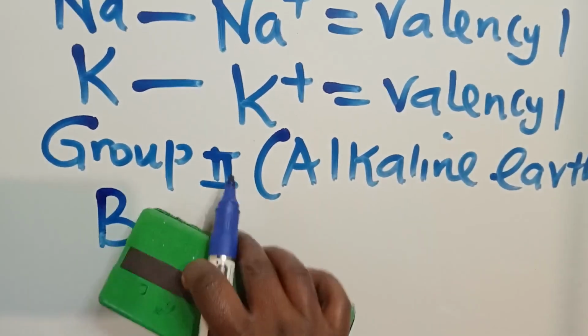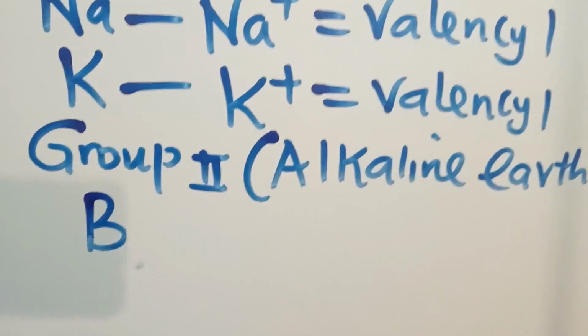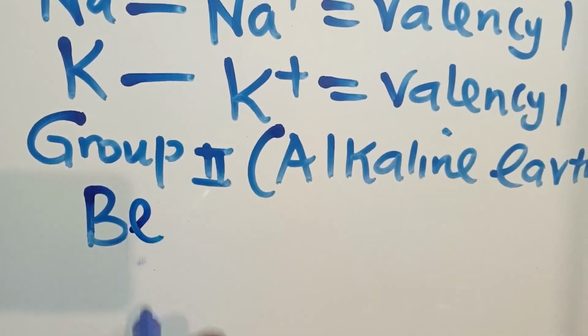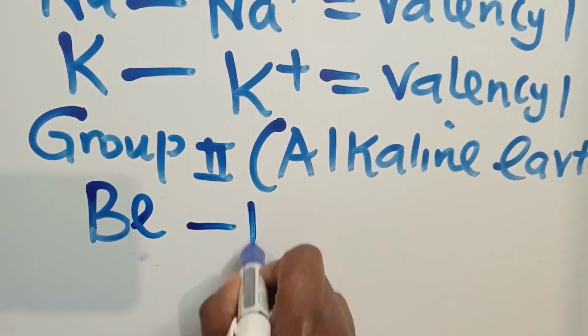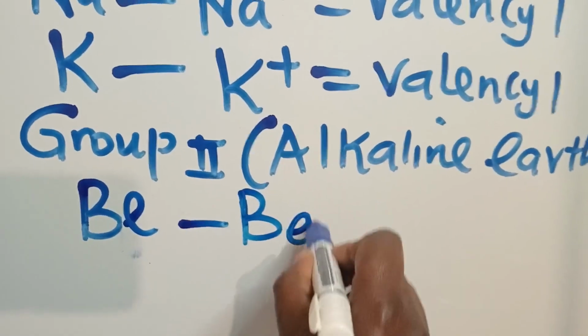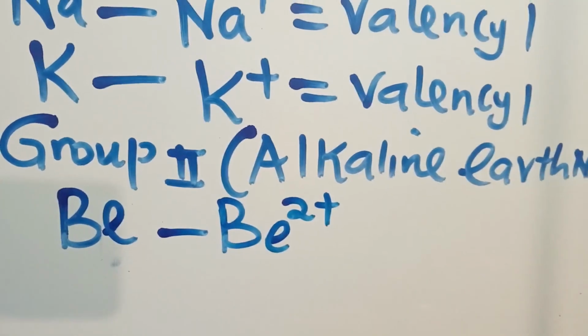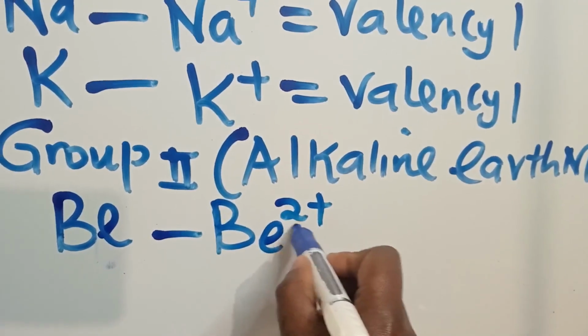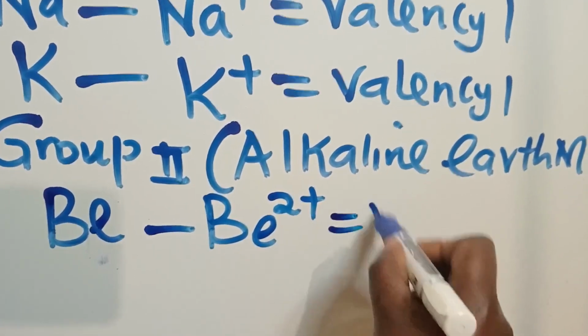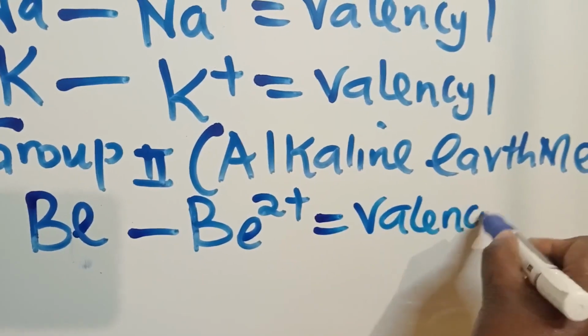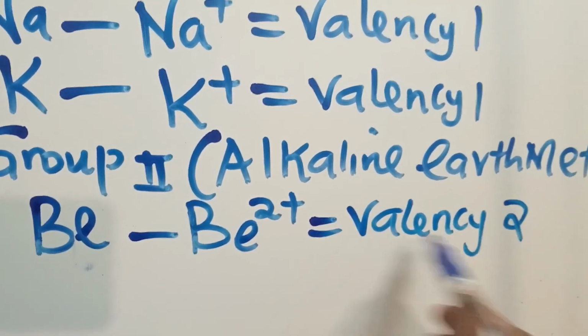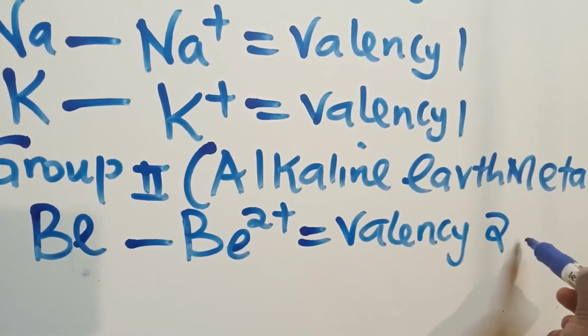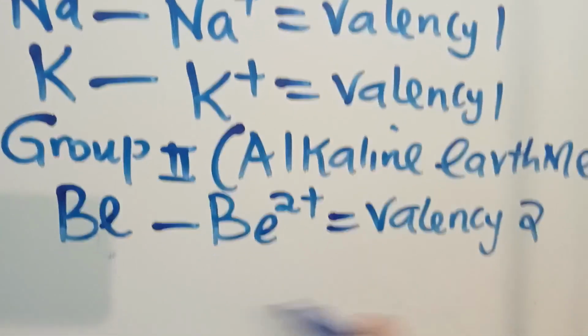Remember, we don't join the letters, so let us have a safe space. So forming beryllium as an ion, we take the valency to be 2, valency 2. We don't write the charge, it remains as a whole number.